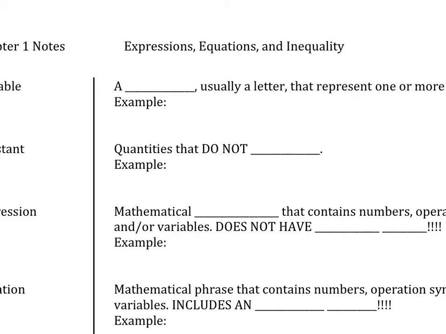Yes, the unknown. So we can say that it's like a symbol, usually a letter, to represent one or more numbers. So something like Nick said, like n in the last one, or we usually see x and so on.